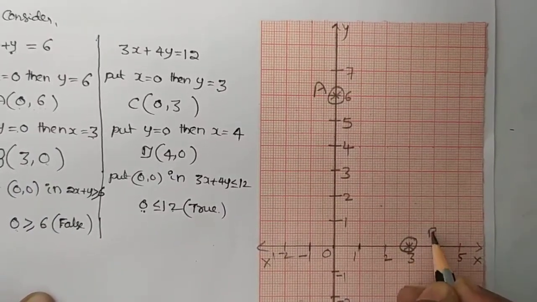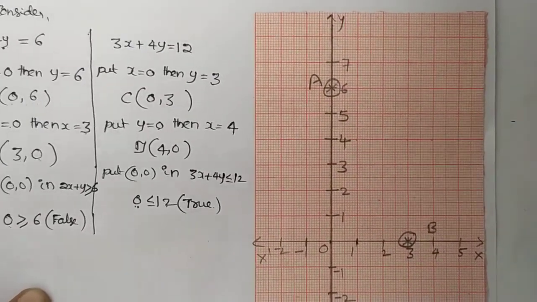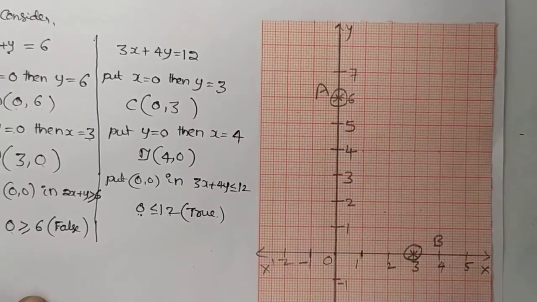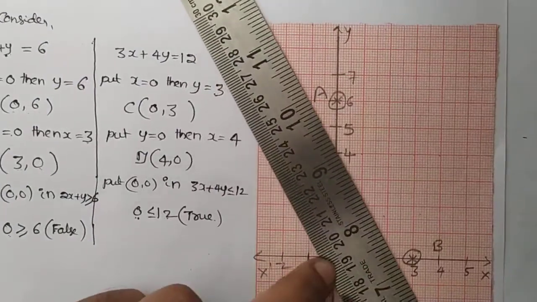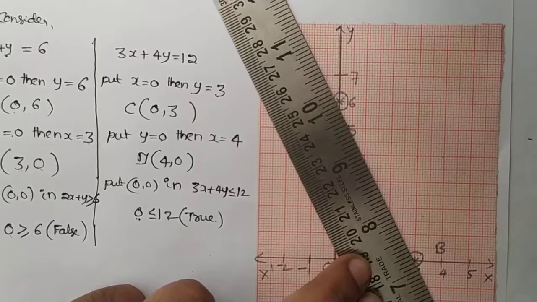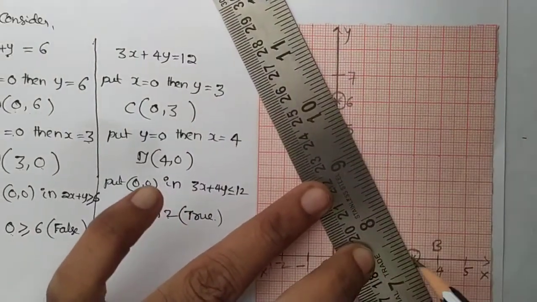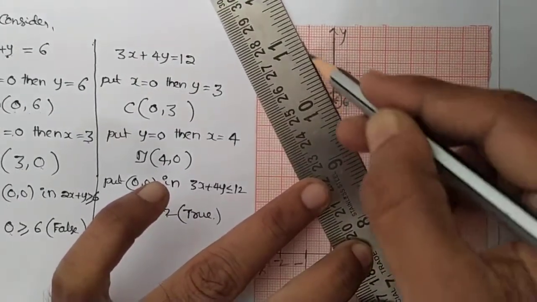It is the point B. Now join these 2 points by a thick line, because the inequalities involve greater than or equal to. So we have to draw this line as a thick line, not a dotted line.